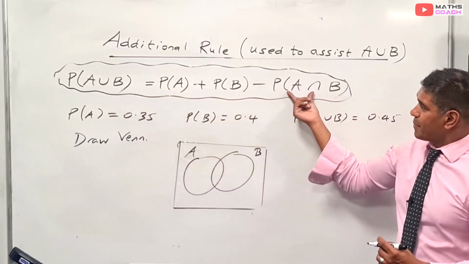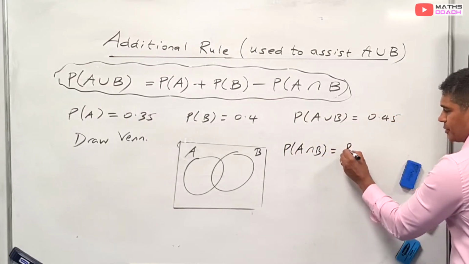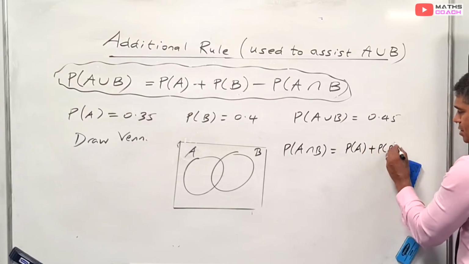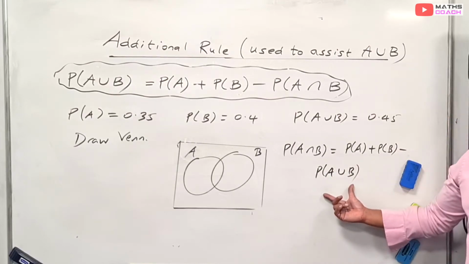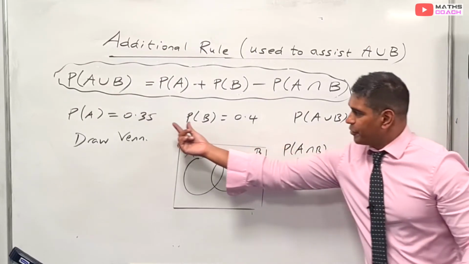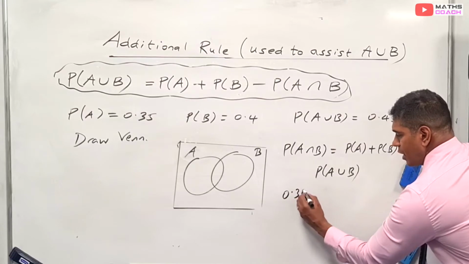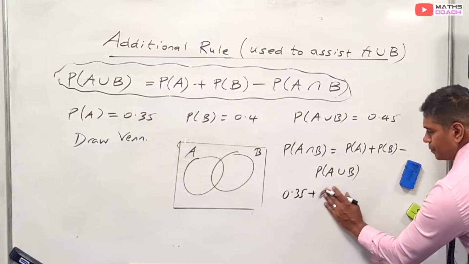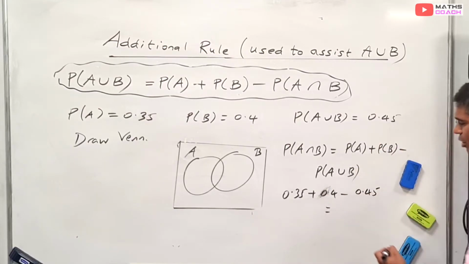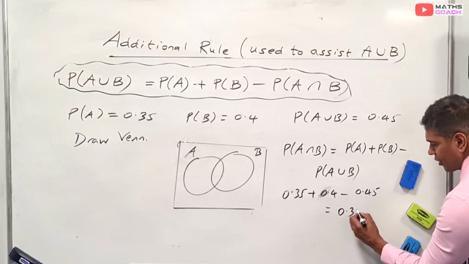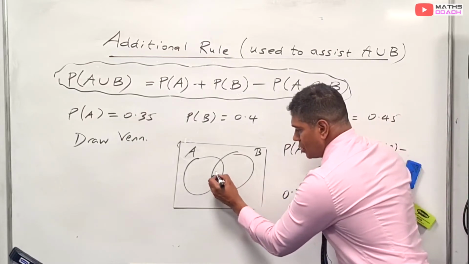So if we rearrange it to make A and B the subject, it's quite clear that probability of A and B would be probability of A plus probability of B minus the probability of A union B. In other words, if you put these numbers in, we have 0.35 add 0.4, which is 0.75, minus A union B, which is 0.45, and when you work that out, we get 0.3. And that 0.3 would then be inserted in the middle here.